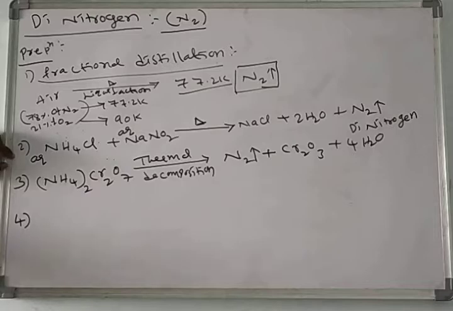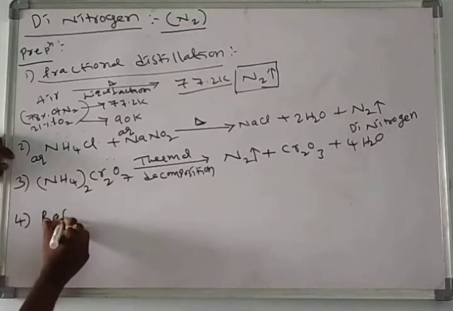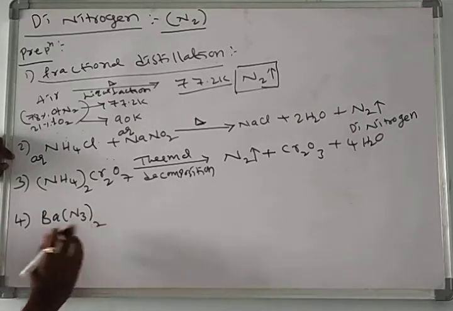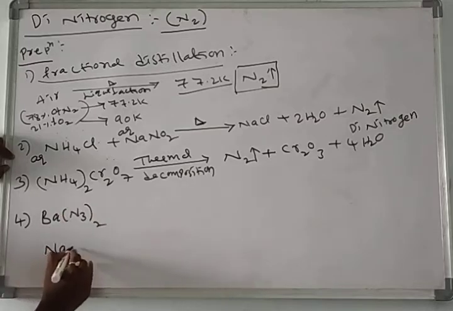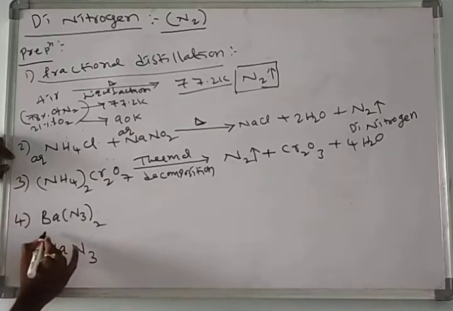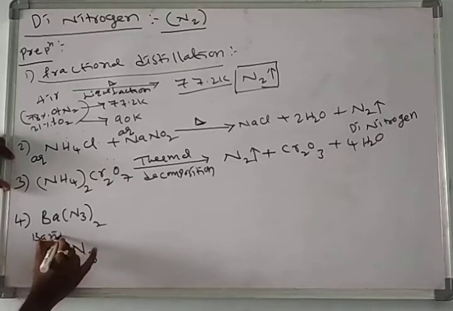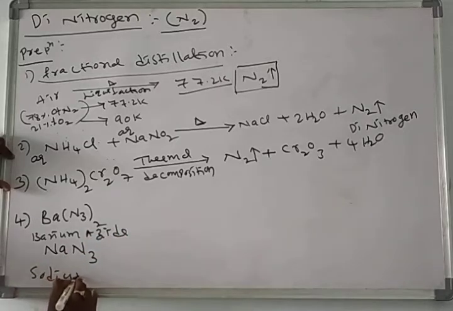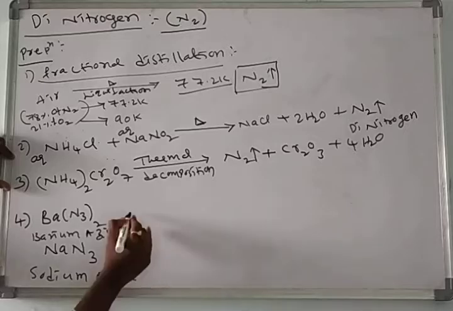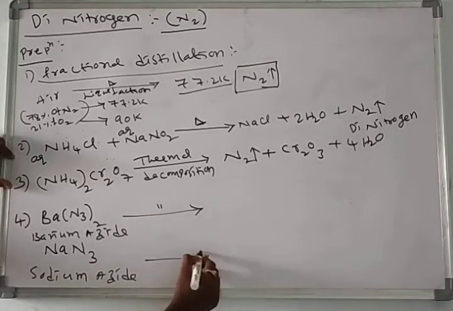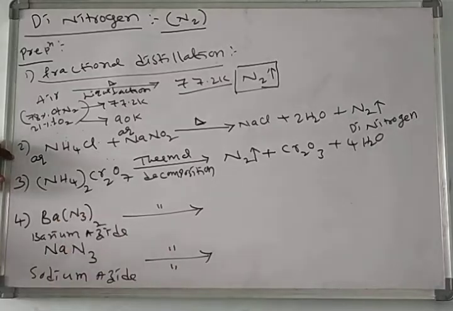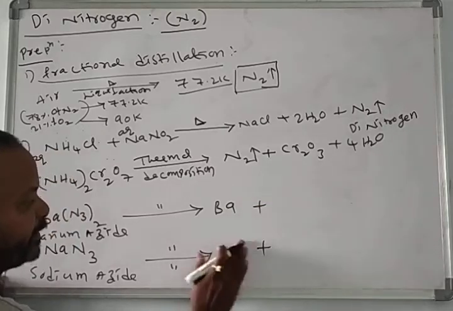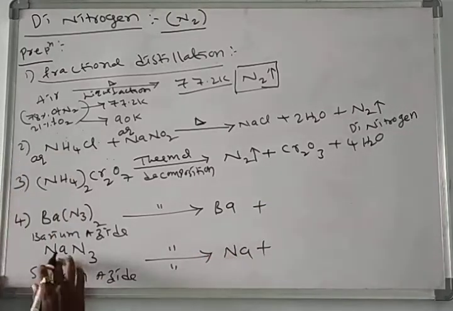The fourth method is the thermal decomposition of barium azide. Azide means N3. This is barium azide, Ba(N3)2, and this is sodium azide, NaN3. The thermal decomposition of sodium azide or barium azide gives metal and dinitrogen gas.